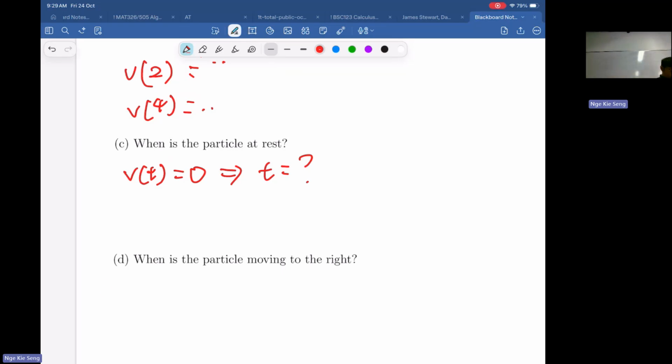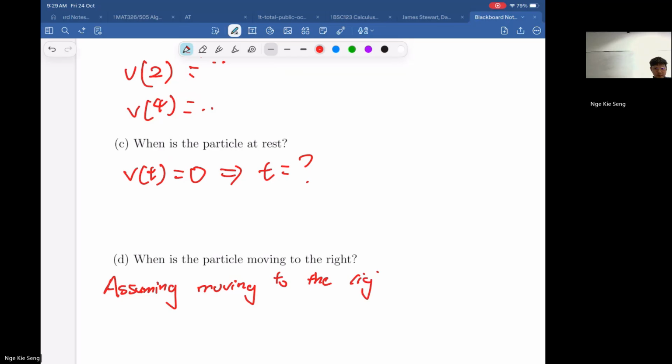So actually we are assuming moving to the right is moving in the positive direction.